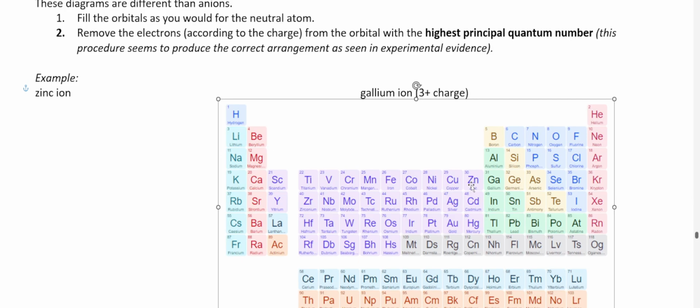So what I'm going to do is just do an energy level diagram for the neutral atom of zinc. Zinc has an atomic number of 30. That means I've got 30 electrons to place.